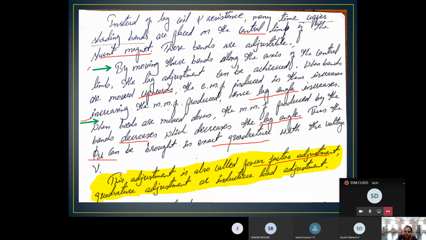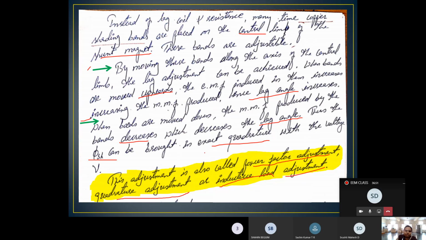By using this, we can adjust the power factor, the quadrature adjustment, and also the inductive load adjustment. We can describe the lag adjustment by these three parameters.